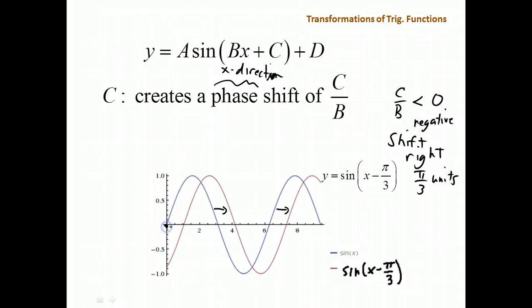So we were at 0, now we're at pi over 3. We're back here at pi, now we're at 4 pi over 3. And so we've shifted pi over 3 units to the right.